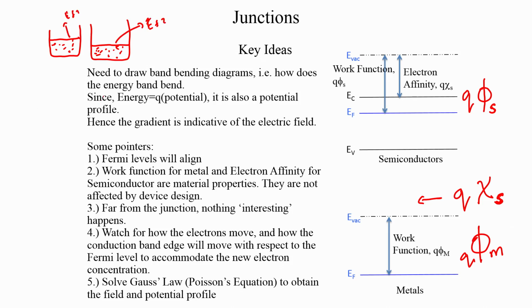Now, while creating a junction, what we do is we bring these two buckets close to each other and we simply remove the edge between them. Okay, there is no wall between these two buckets. So, what's going to happen? The water molecules will not like to see these two different levels.